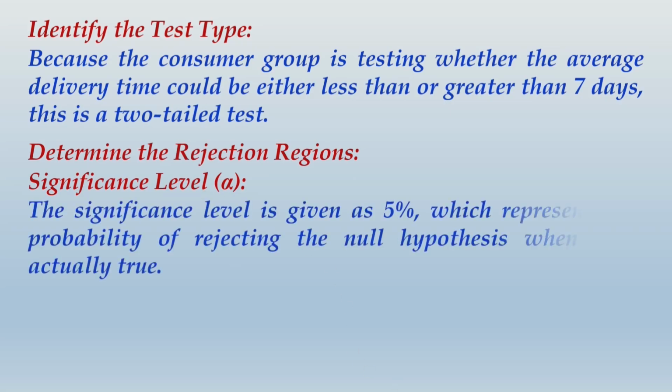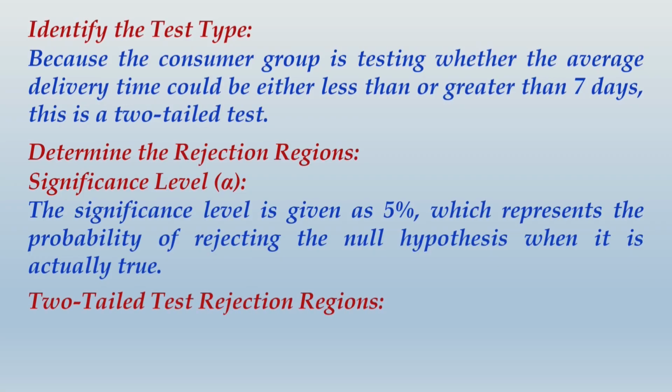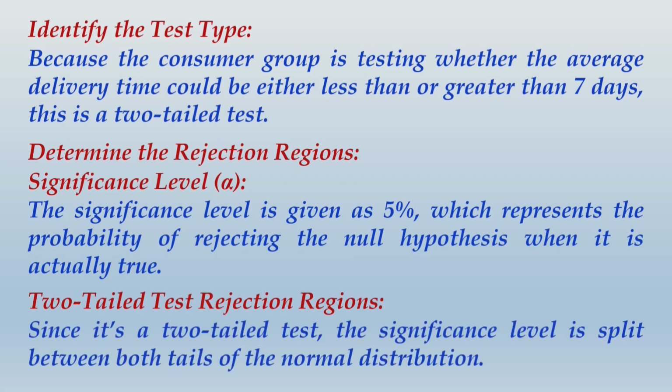The significance level is given as 5%, which represents the probability of rejecting the null hypothesis when it is actually true. Two-tailed test rejection regions: since it's a two-tailed test, the significance level is split between both tails of the normal distribution. So please write up this much, and then I am going to explain this whole thing to you in detail through the graphical presentation.